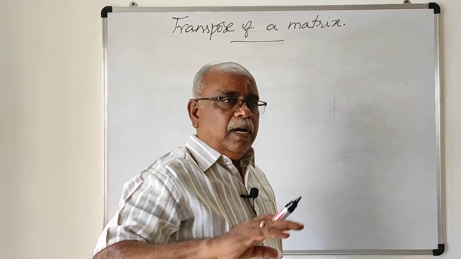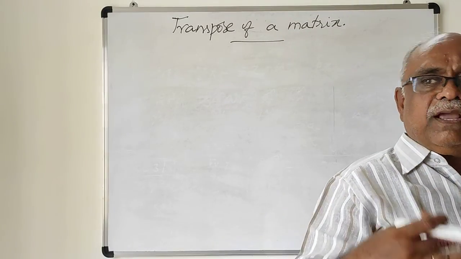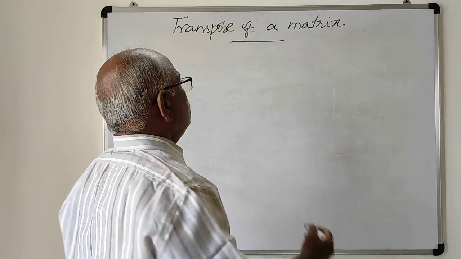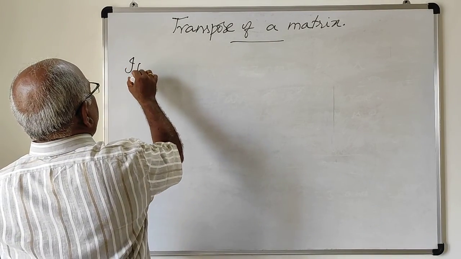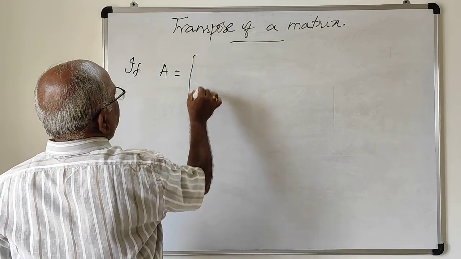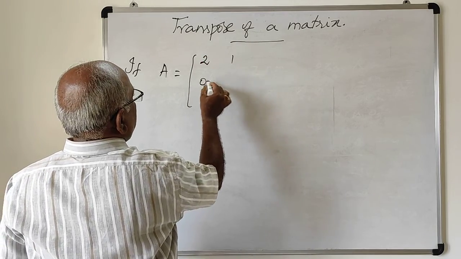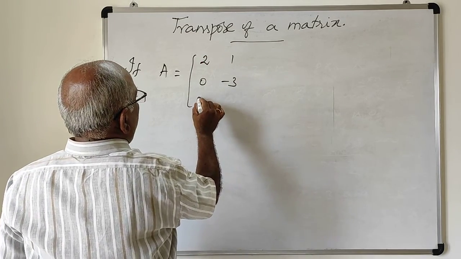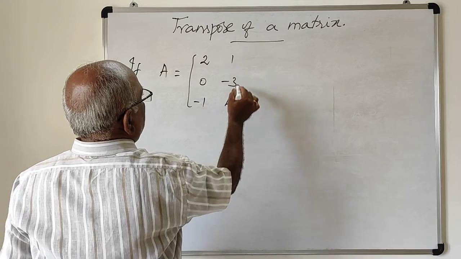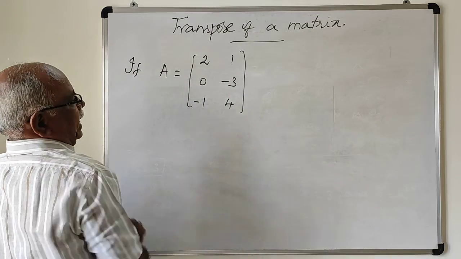Transpose means the interchanging of rows and columns. Suppose A is a matrix, 2, 1, 0, minus 3, minus 1, 4. You consider this as a matrix A.